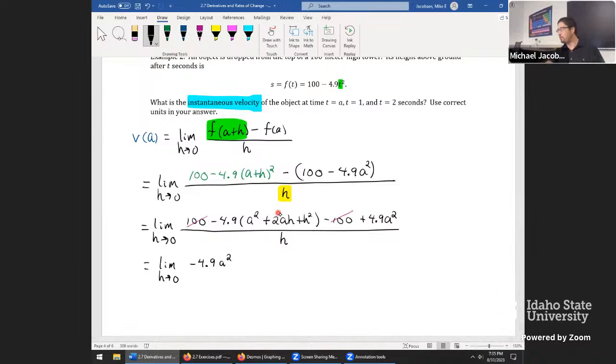Let's see. Yeah, negative 9.8. That look all right to folks? Awesome. Arithmetic is tough when you get tired, so that's one of the hardest first things that goes. Negative 9.8ah minus 4.9h squared. We've already canceled that 100, so I'll copy plus 4.9 a squared. Down below, still that h that we must eliminate.